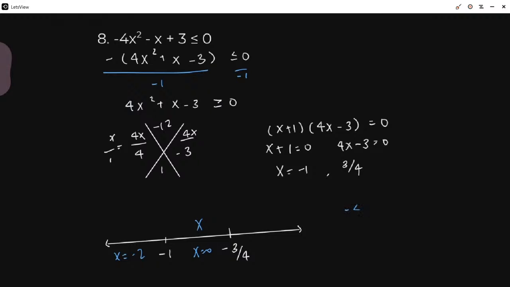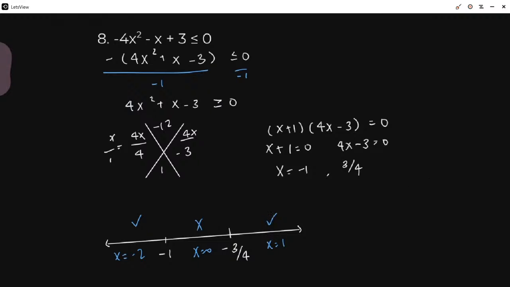we would get -4 times 4 minus -2 plus 3. So that's -16 plus 2 plus 3 is less than or equal to 0. That's going to be -11. So that works. And we could plug in 1. So that would be -4 minus 1 plus 3, which is also less than 0.